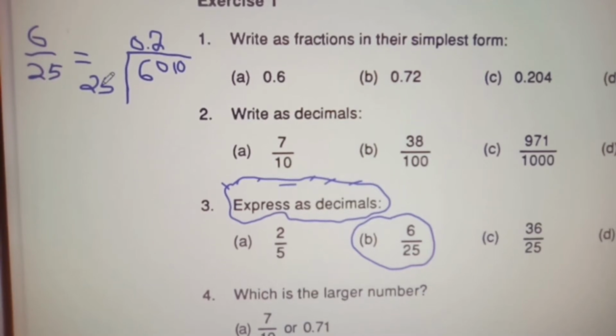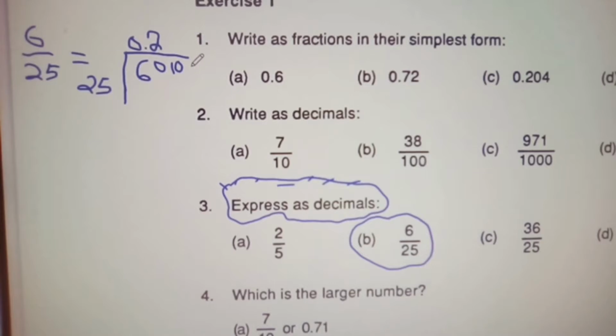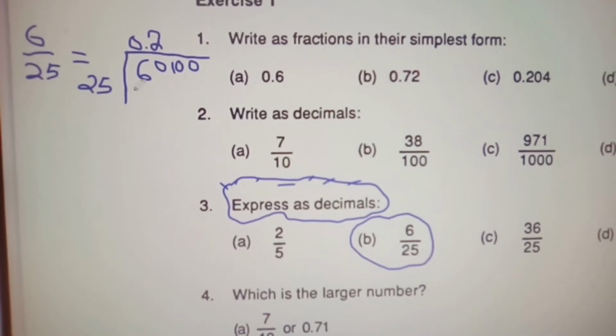So 25 into 10 cannot go. We now need to add another naught. Let me make sure we're still within our bracket. So we add another naught here. 25 into 100 goes 4 times.